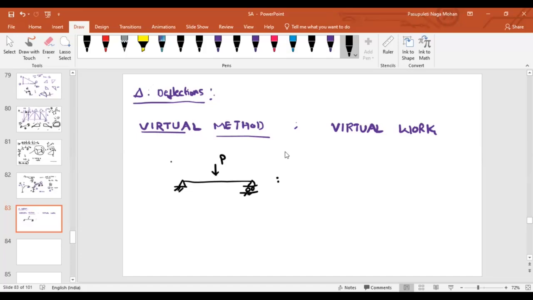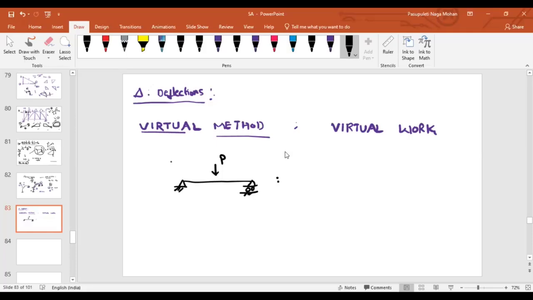If you are talking about the stability of a structure, not only a structure, if you take any object, if it is in equilibrium, then even if you disturb it by a virtual displacement, virtual meaning it does not exist in the real, but even if you imagine or apply an imaginary displacement, then because of that imaginary displacement the net work done will be equal to 0.